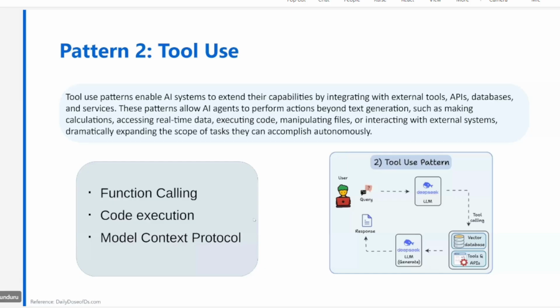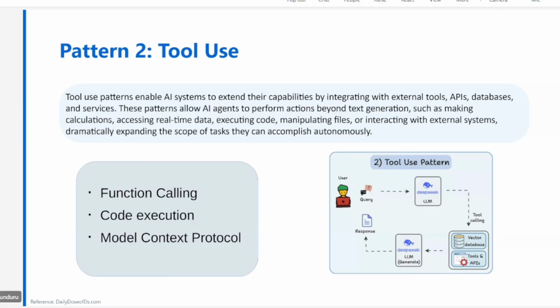And code execution. In terms of the code execution flow, the LLM will generate code and the agent will execute that code, running it in a particular container or a virtual or custom environment it has created. So these are the different tool use techniques.